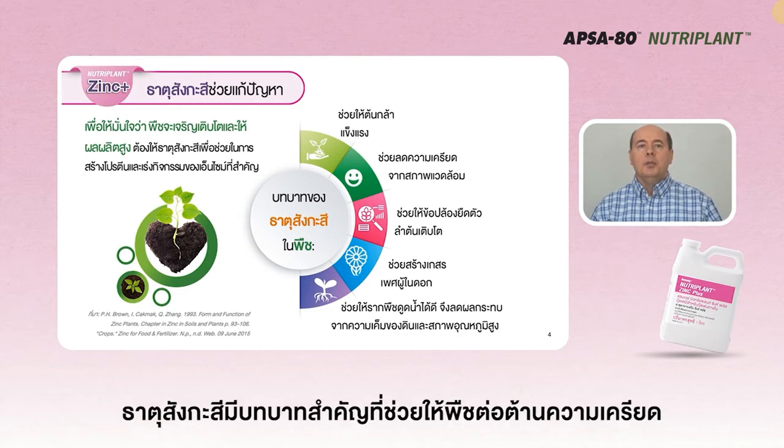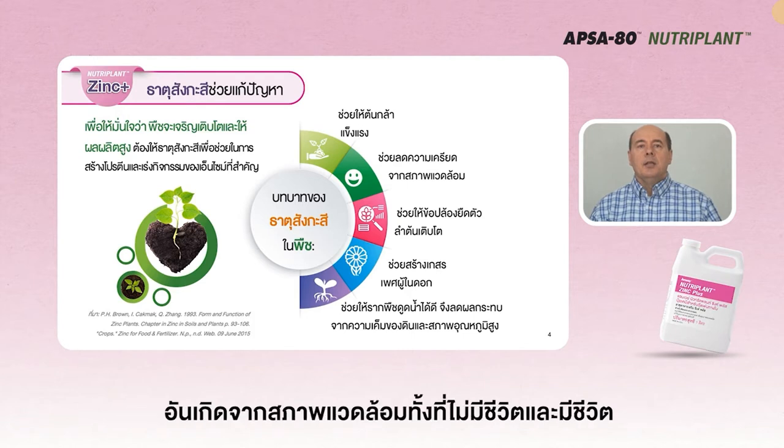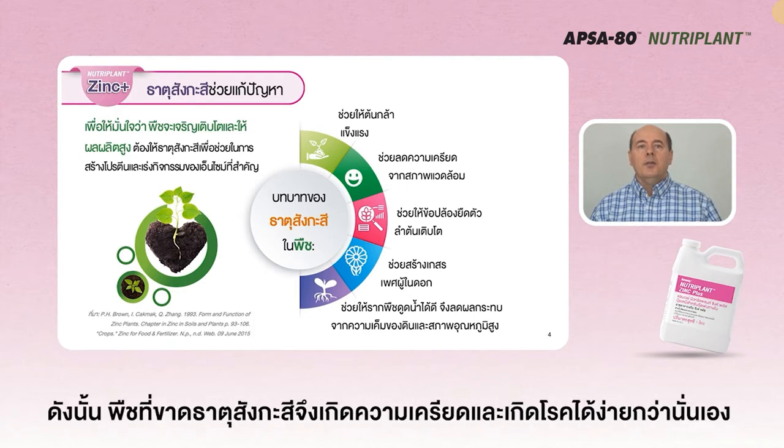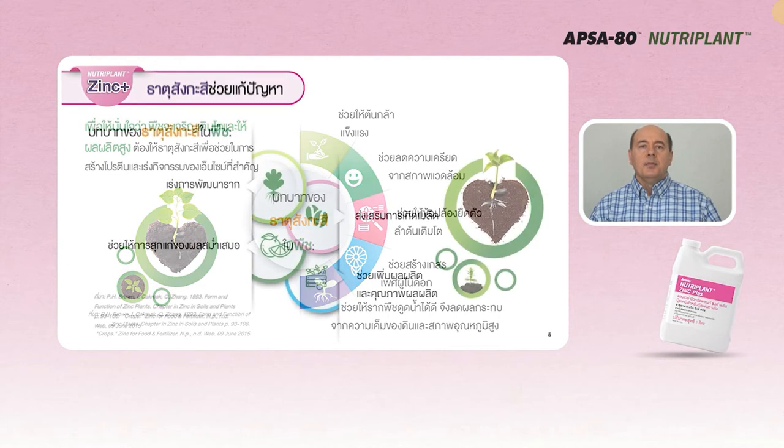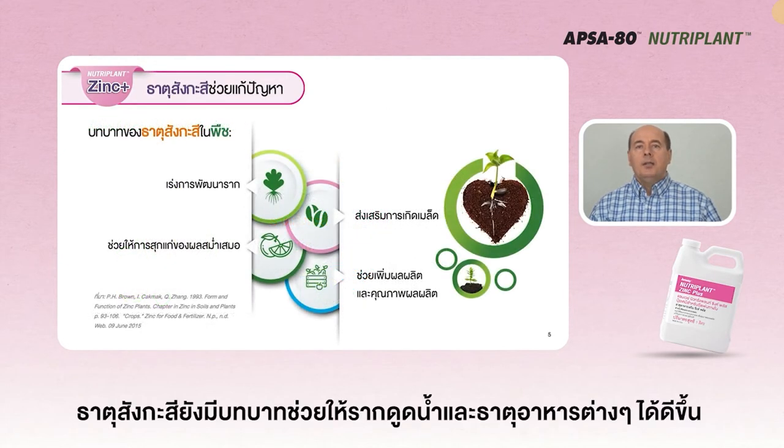Zinc is also important in the defense against abiotic and biotic stress. With an insufficient level of zinc, plants will be more affected by environmental stress and diseases. Zinc also affects the uptake of many nutrients and water through the root system.